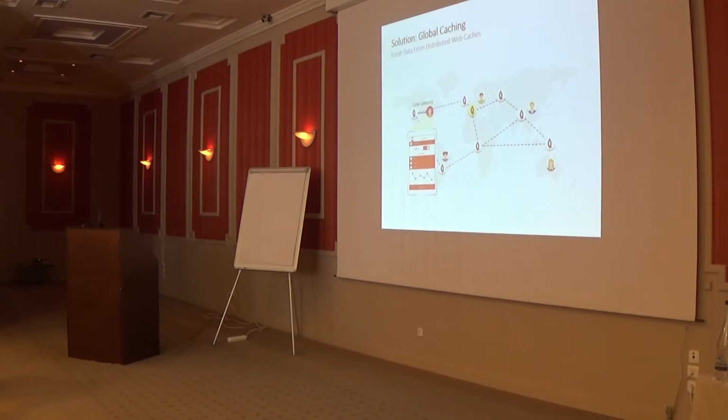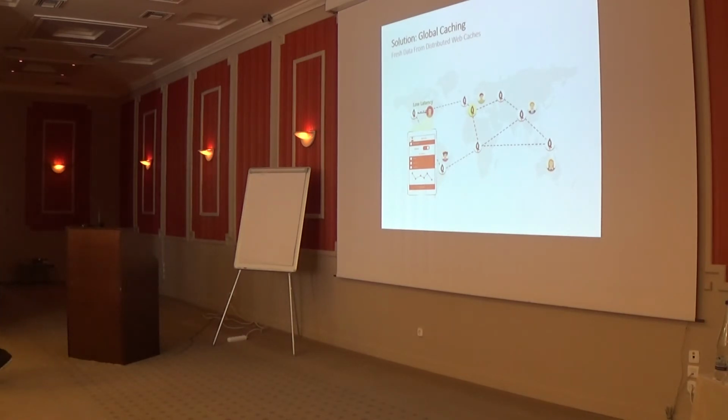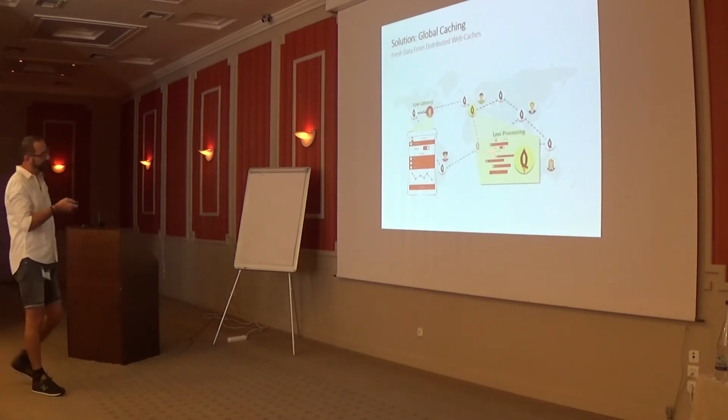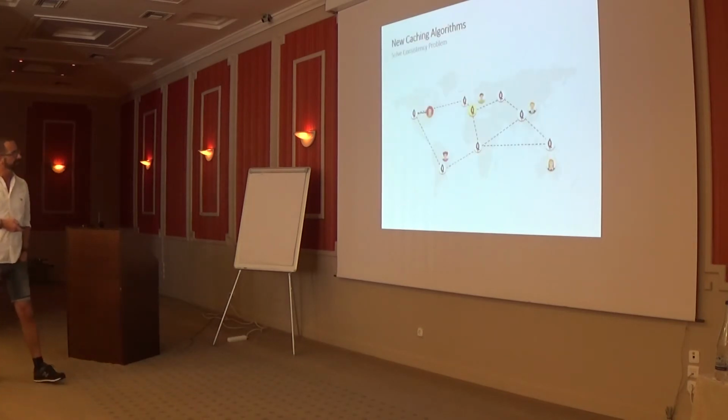Yeah? But the question is, how can we manage all that? Because we cannot rewrite the internet. We cannot change HTTP. We need to live with what the standard says. And we found a way to extend all that and make it compatible with all the standards. So the effect is that we have less processing within the backend because the data is in the caches.